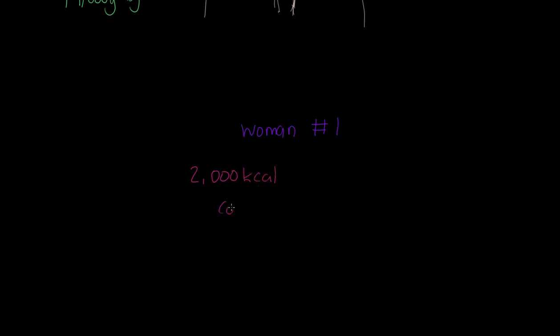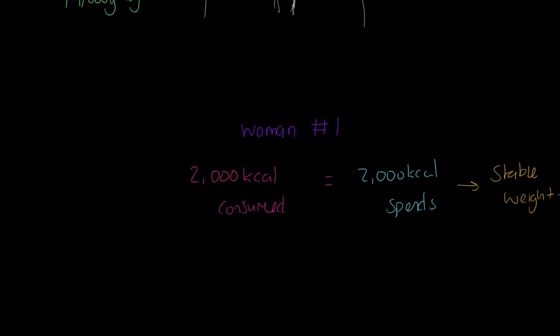And let's imagine that that is equal to the 2,000 kilocalories that this person spends. What would we expect from this person's body weight? They are effectively consuming the same number of kilocalories that they spend through metabolism and movement. This person, we could summarize, would have a stable weight. Would you agree? Now, we're not talking about this over an individual day, we're talking about this over a period of time.